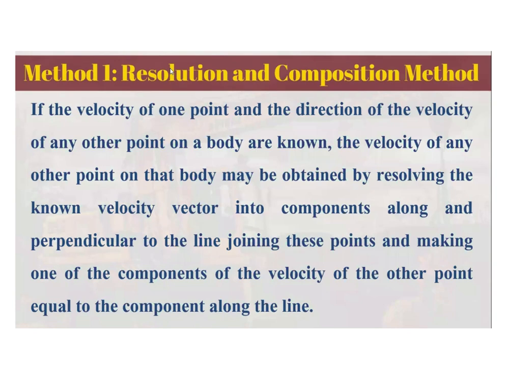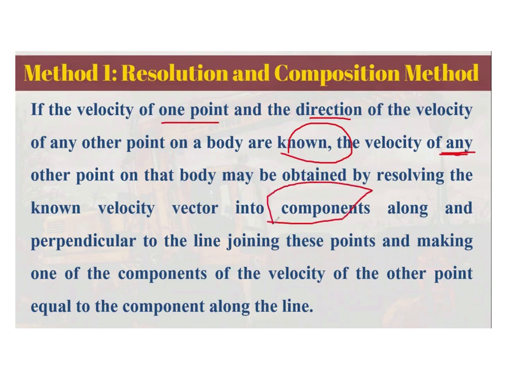I want you to take note of the following points. If you have one point wherein the velocity and direction are known, then the velocity of any other point on that body may be obtained by resolving it into components.